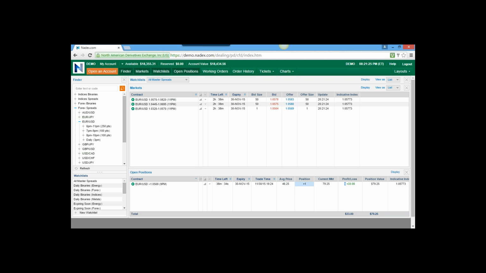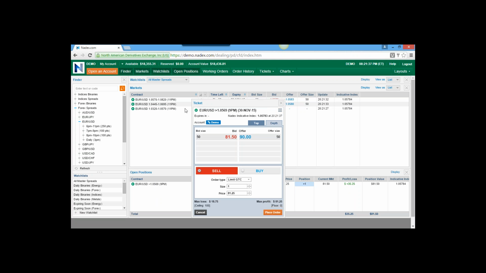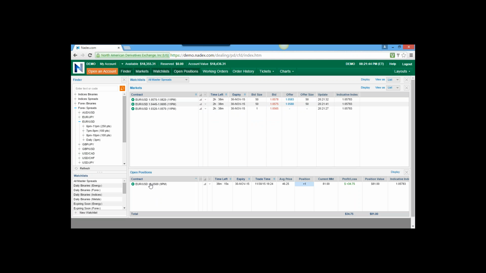Look, so I'm up. I'm profitable $32 right now on this binary. See, it says +1. If I want to get out of it, I click it. A ticket automatically pops up marked sell, right? Because if I'm clicking it, I want to get out of it. If I bought something, there's only one way I can get out of it, and that's to sell it.